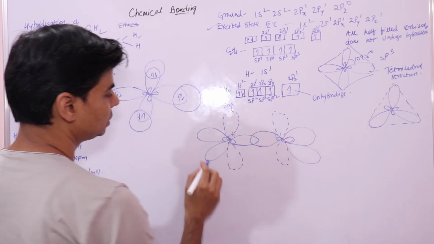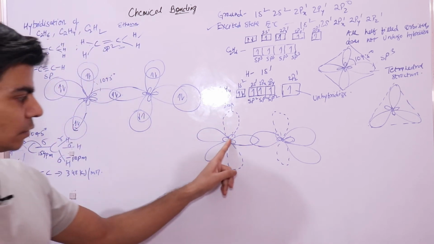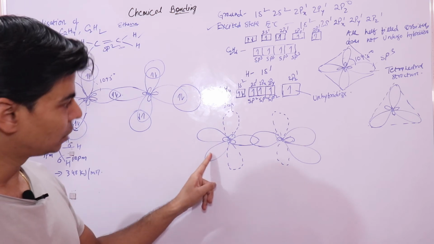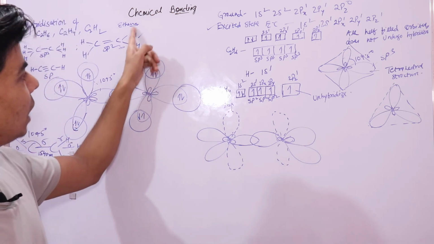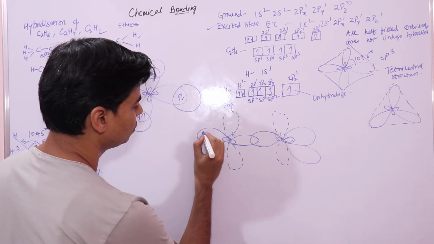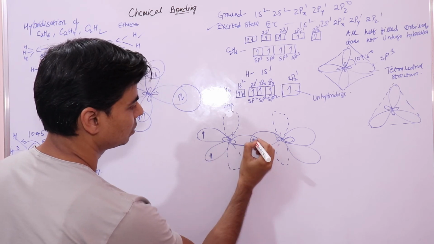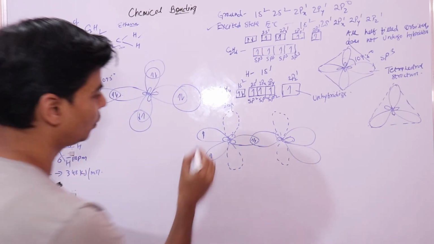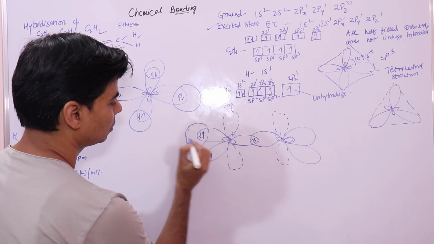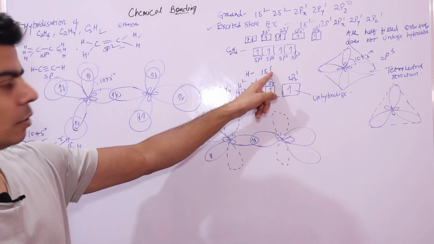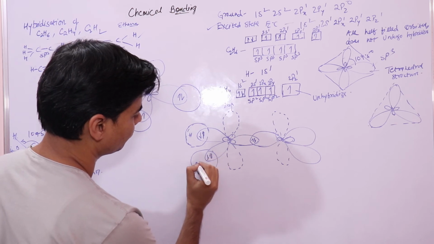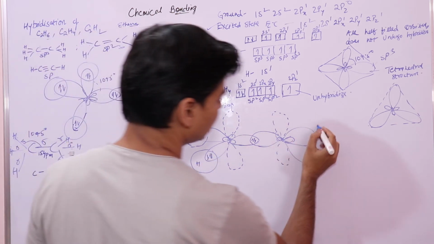Right. So here now each of the carbon atoms has 3 hybrid orbitals, right? Now two of the hybrid orbitals will form bond with hydrogen atoms, right? So these two sp2 hybrid orbitals, this is your sp2 hybrid orbital, right, will overlap with 1s orbital of hydrogen atom, right? Same as this.